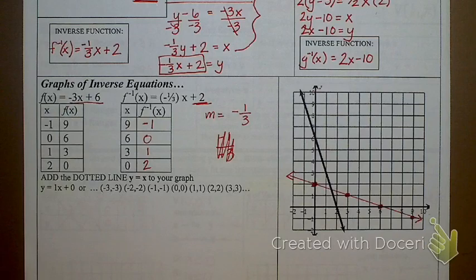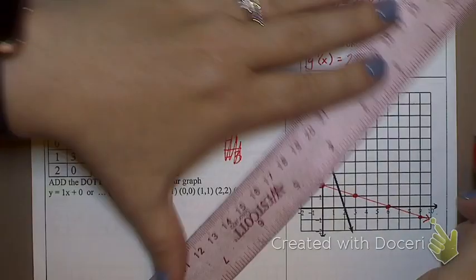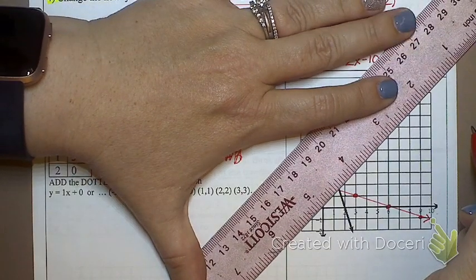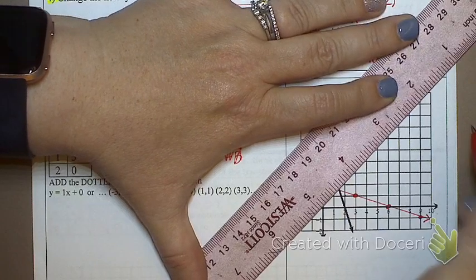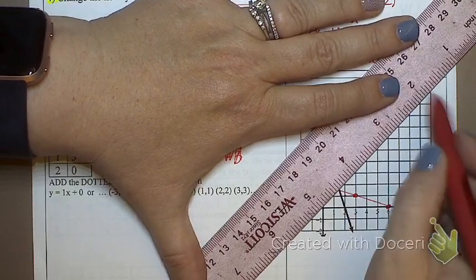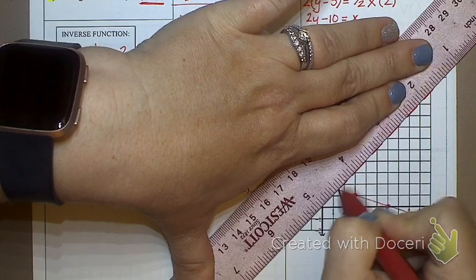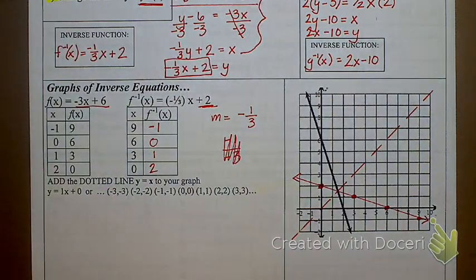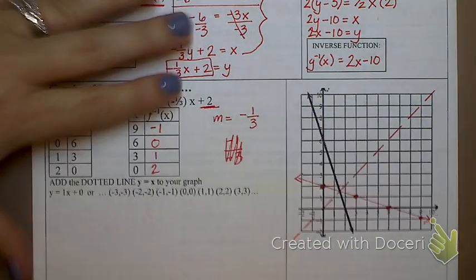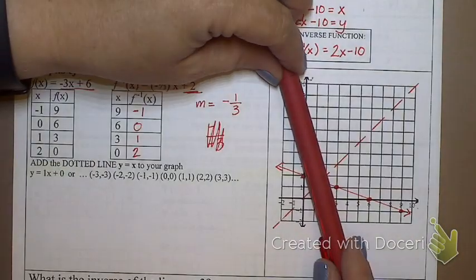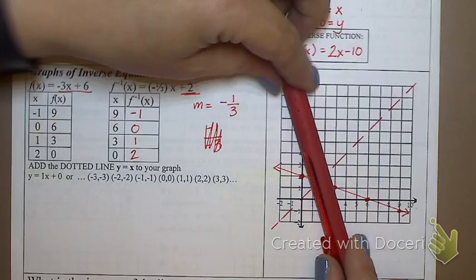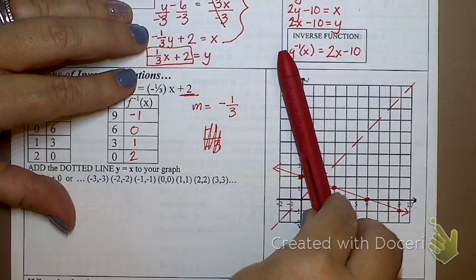Now, my most important question is, if I were to draw in my dotted line right here, and I'm trying to draw it in as straight as possible, do I get that mirror image? Now, you have to think closely on this. If you took this and you flipped it over this line, it's going to mess with you a little bit, but watch.